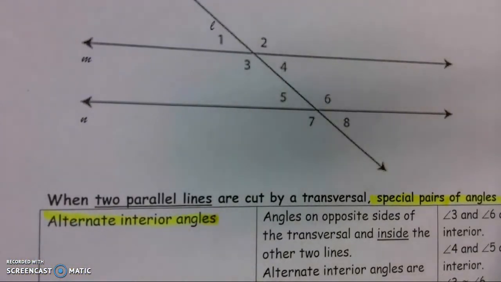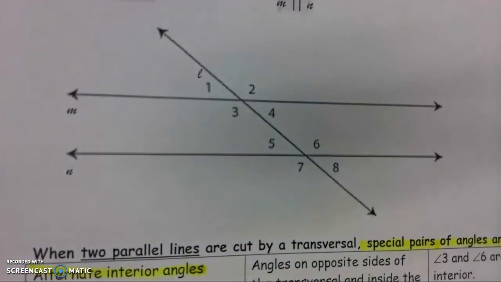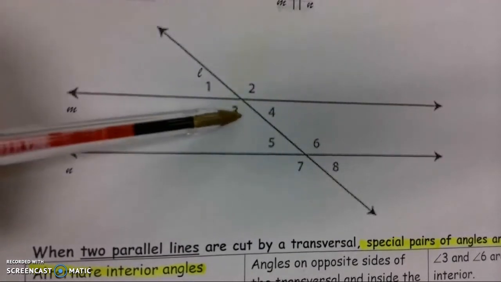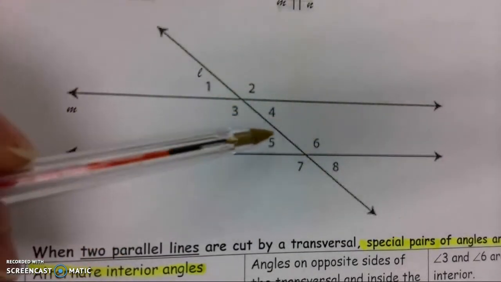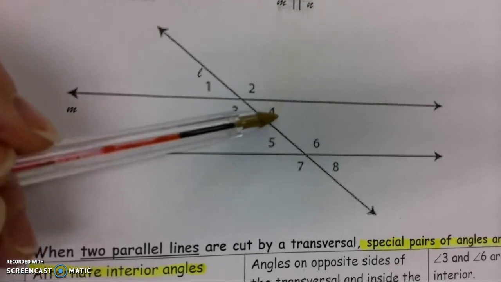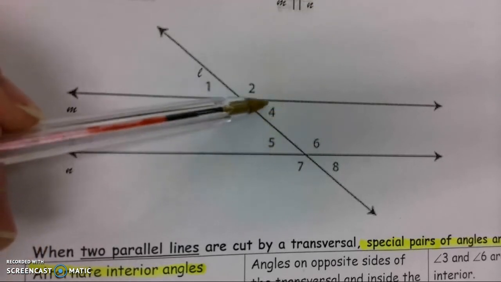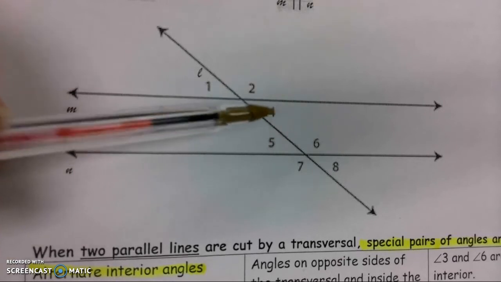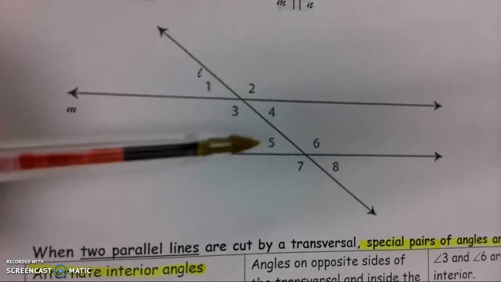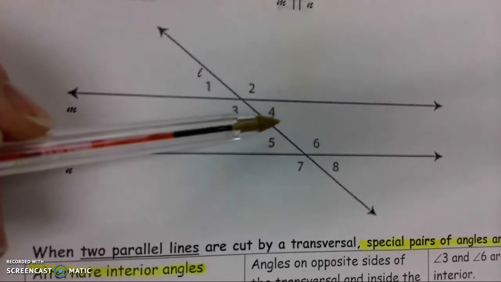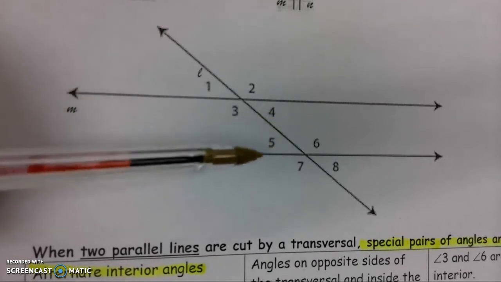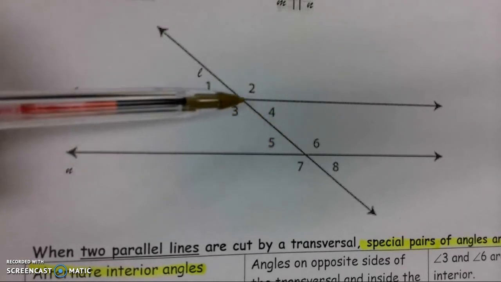If you think about the words that make up alternate interior, they kind of help you see where the alternate interior angles are located. Alternate interior angles, well, they're on opposite sides. Interior, they're inside the parallel lines. So alternate interior angles are angles that are on opposite sides of the transversal inside the other two lines.